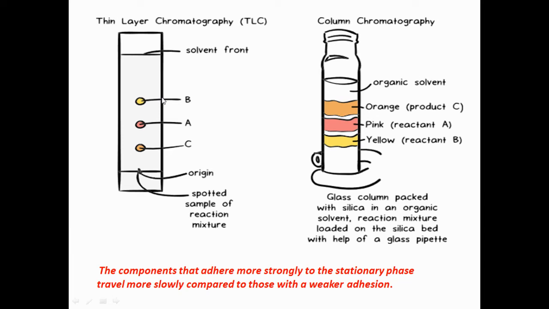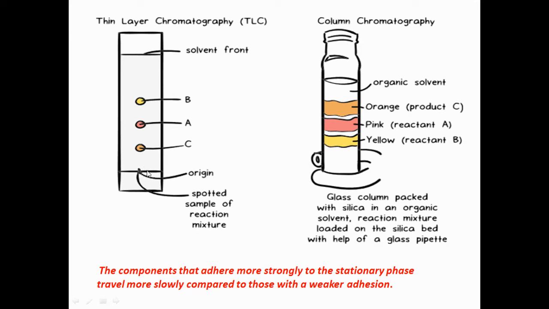From this we can say that component B has traveled a larger distance from the origin, so component B is showing more affinity towards the mobile phase, whereas component C has traveled to a lesser extent from the origin.